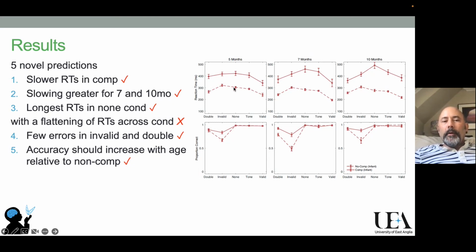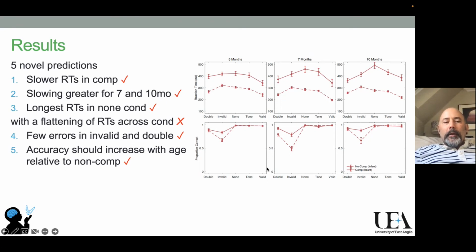The slowing was greater for the 7 and 10-month-olds, so a bigger difference between competitive and non-competitive for the older infants. We found the longest reaction times in the none condition, which is the central condition across the panels. And the model predicted a flattening of RTs across conditions. You can see that didn't occur. In fact, there are still quite robust differences across conditions for the 10-month-olds in particular.